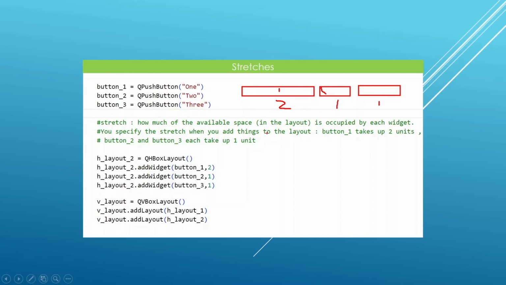You specify your stretch as the second parameter to the add widget method. So we are saying that button 1 is going to have a stretch of 2, button 2 is going to have a stretch of 1, and button 3 is going to have a stretch of 1. And we can add these to the layout to show them in our user interface. Now that you know this, we're going to head over to Visual Studio Code and see this in action.